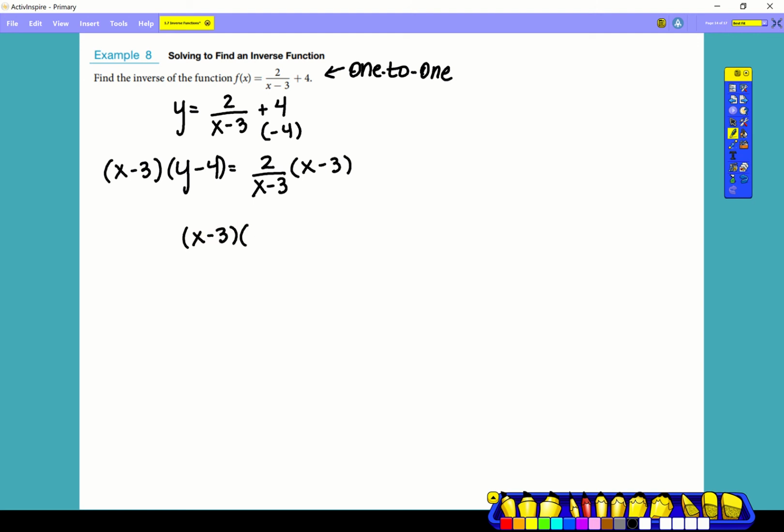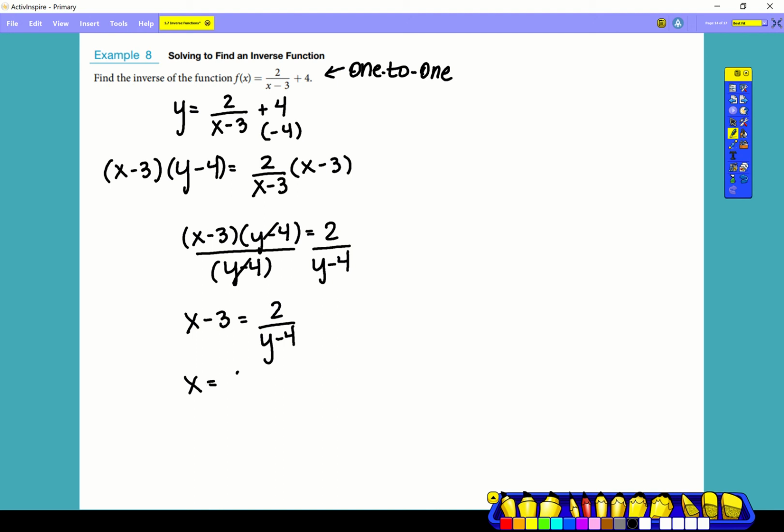I'm going to leave it like this because it'll be easier to determine what I need to do. Now I need to divide out y minus 4, so that I get x minus 3 equals 2 over y minus 4. Now I need to add 3 to both sides.